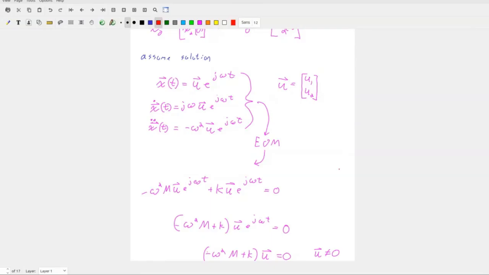So I take it down to my next solution and say u can equal 0, but that would be trivial. So I take it to my next solution. Well, then negative omega squared m plus k can't have an inverse, because I just multiply by the inverse and I get 0. That's another trivial solution that I want to knock out. And then I know that I have to have an inverse. So if I have to have an inverse, then my determinant has to be equal to 0. I write that out and I get my characteristic equation.